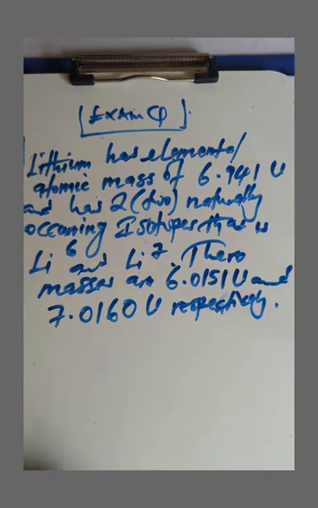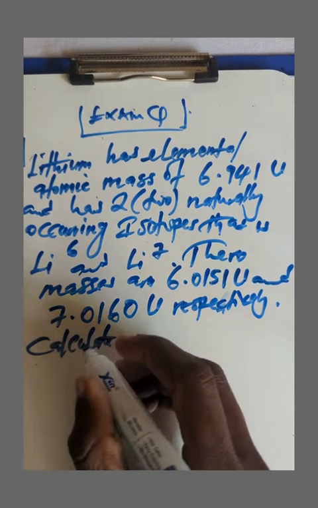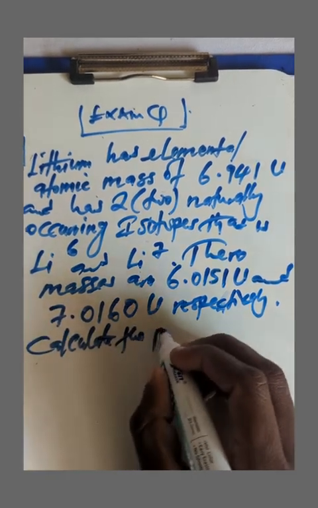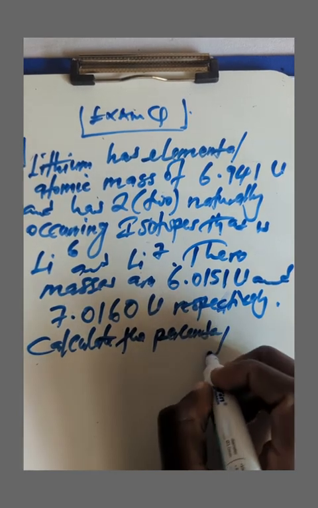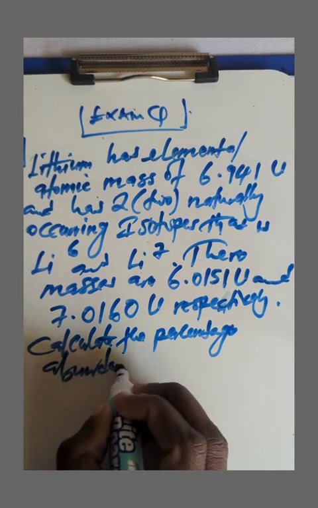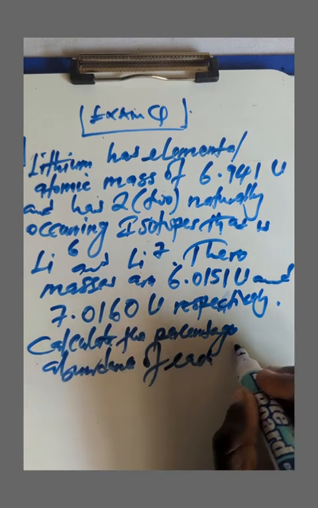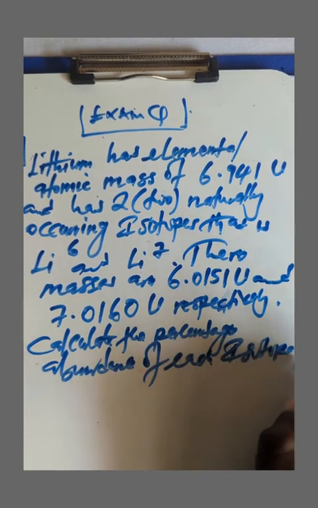Now the question is, calculate the percentage abundance of each isotope. That's how they ask questions like this.